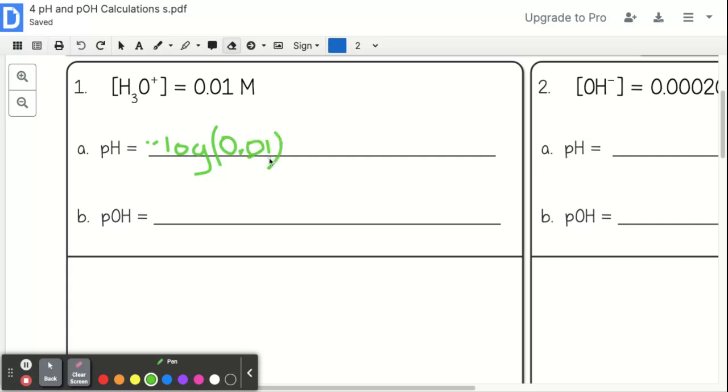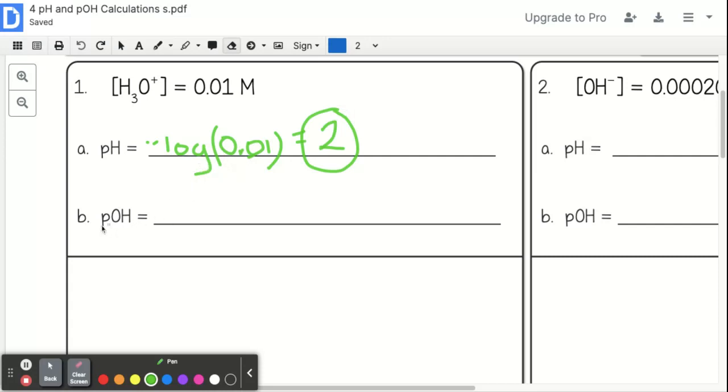So you just put it into your calculator. It's just the negative symbol and then log, and then you put in that concentration. Concentration and molarity mean the same thing. So here, this tells me that my pH is going to be 2. Okay, so I have a pH of 2.